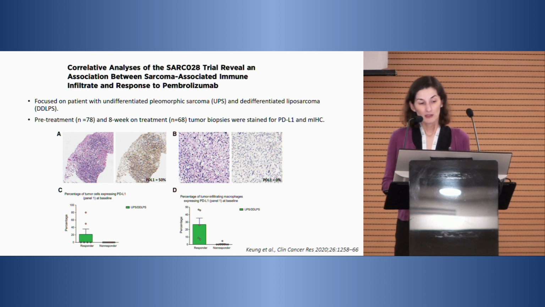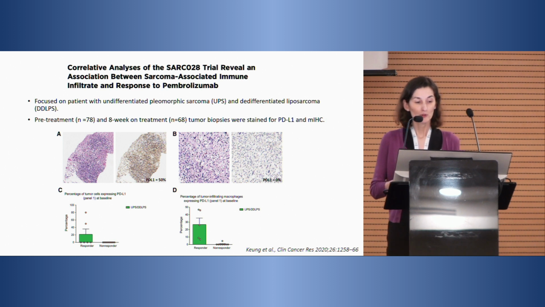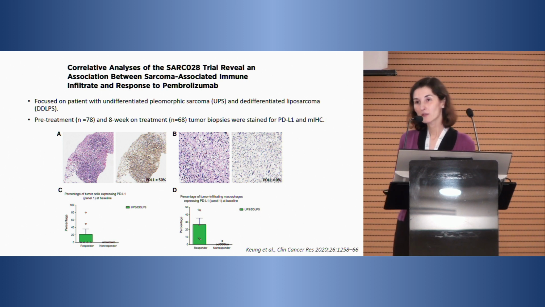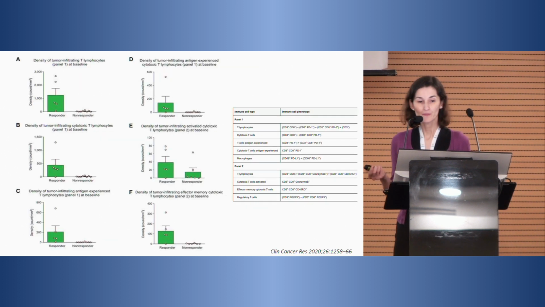So they looked at the immune cells. They looked at whether those tumors had any immune cell infiltration. Then they looked at the characteristics of these immune cells. They looked at the expression of the PD-L1 protein, which is a protein that you can target with immunotherapy. And they've seen that patients who had a response had higher expression of PD-L1 compared to the patients who didn't respond.